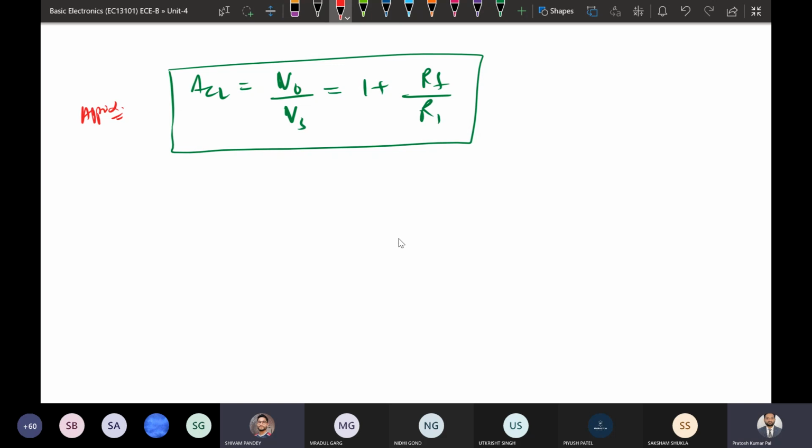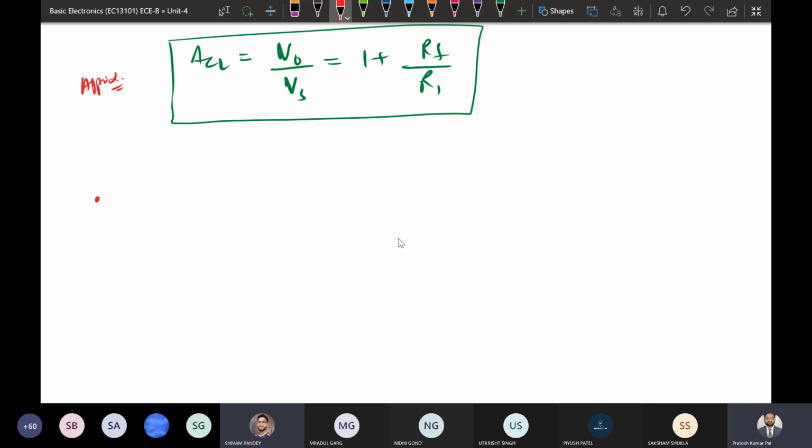One more term: sometimes in objective type questions it is asked what is the percentage of error. Percentage error is asked in even GATE and some PSU type objective questions.